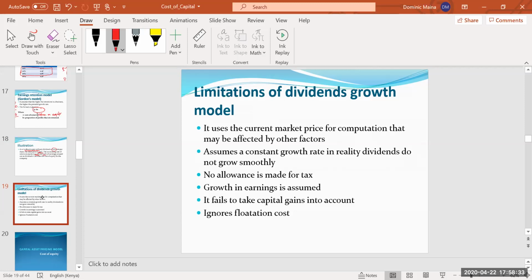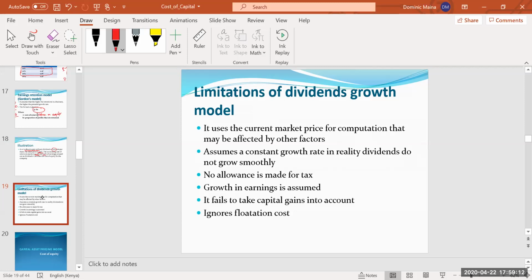In most cases, individuals or even corporations or investors pay tax on the dividend, for example 10% or 15%, depending on whether the dividend you're getting is qualifying or not qualifying. So you need to consider the tax, because the net receipt is not equal to the gross cash flow.